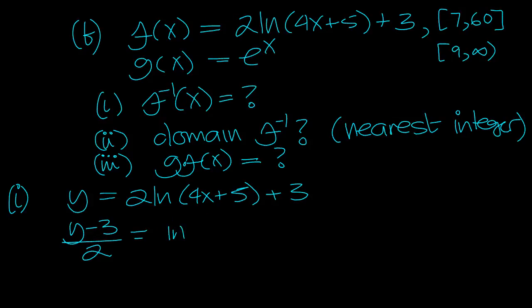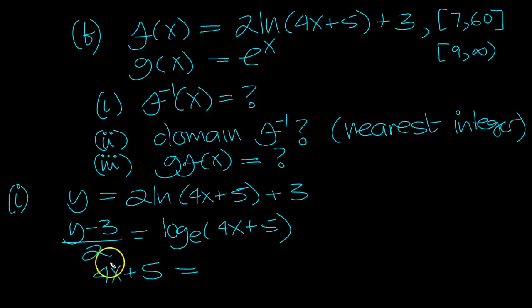Ln is log e, so I'm going to write log e now to make it clear. It's the same thing, but this is easier to see what we're going to do now. E swings down and hits this in the air. So the 4x plus 5 will be left when we unwrap the log, the e swings down and hits this stuff in the air. Y minus 3 over 2.